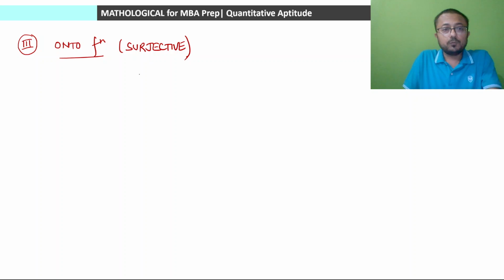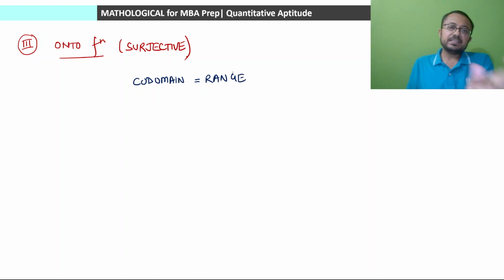In case of an onto function, the codomain is equal to the range. Range is always a subset of codomain. When range and codomain become equal, such a function is known as an onto function.